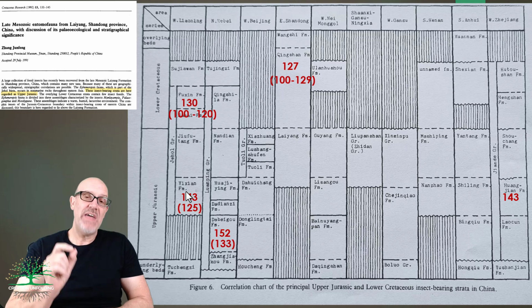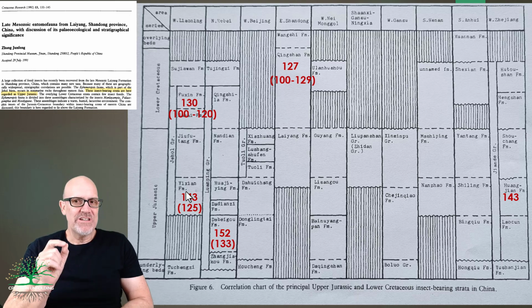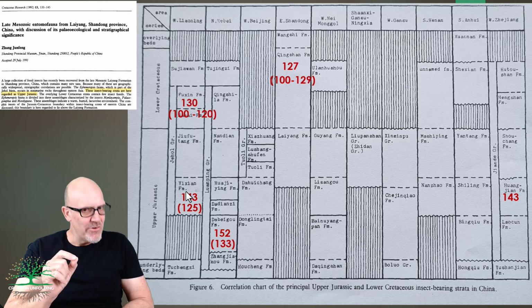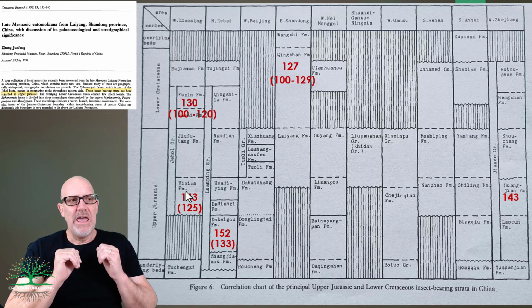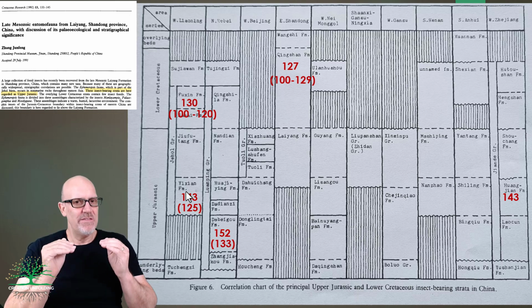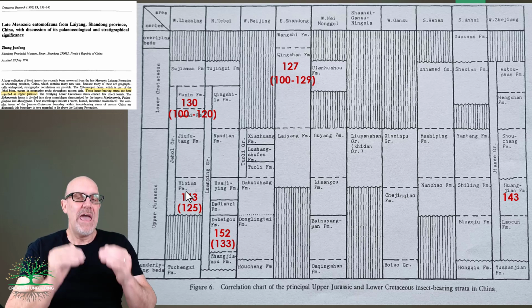However, having said all of that, the RATE project did show there seemed to be a lot of discordance with a lot of these dates. So I don't think they're as accurate as what an evolutionist would think. I think there's a lot of room for movement, and I think that the evolutionists may tend to pick their dates depending on what they really think the age of that formation is in the first place.